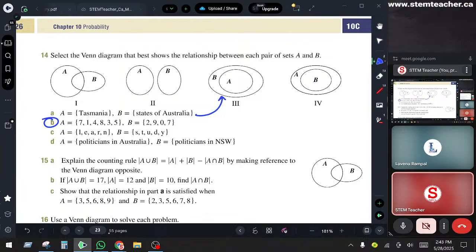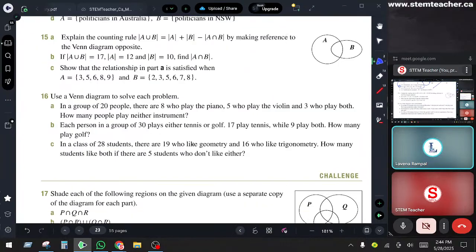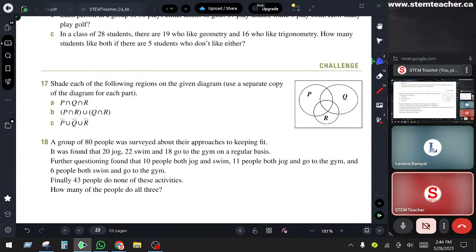The first one, because 7 is common. Next, C: there is nothing common, so the second one. Next, politicians of Australia and politicians of New South Wales: B is a subset of A. Yeah. Next.